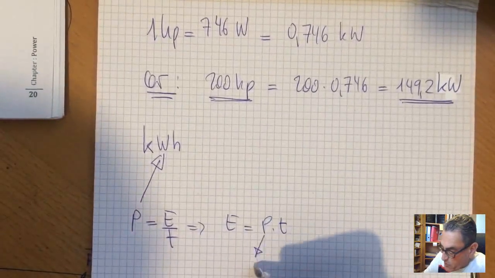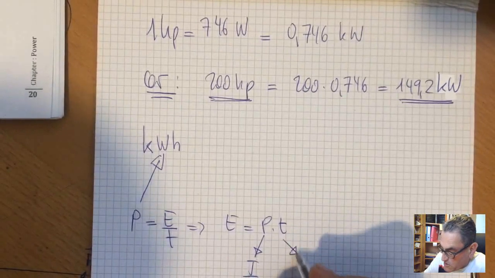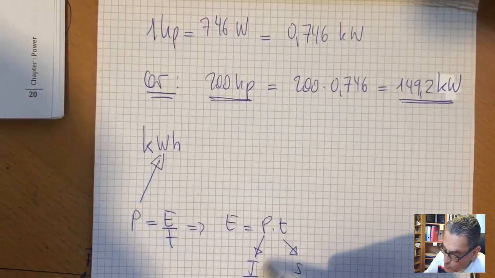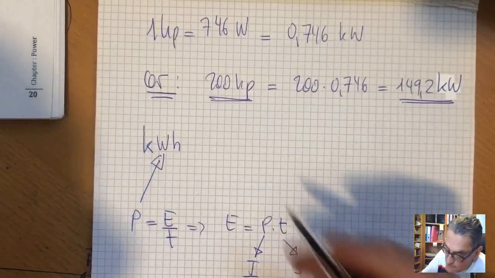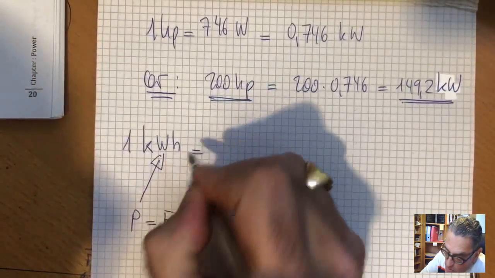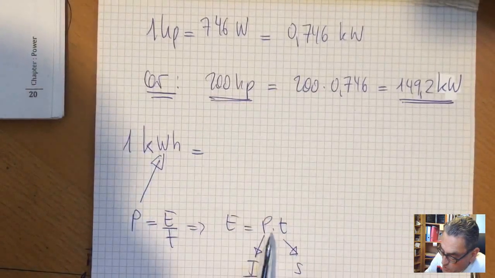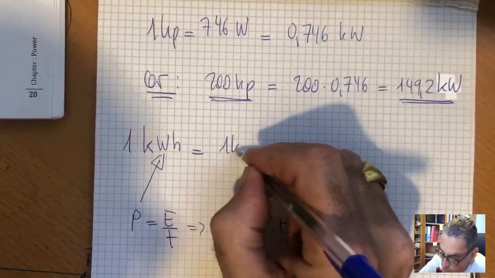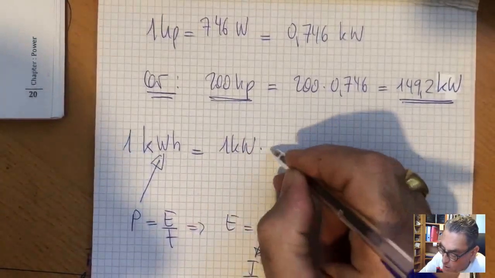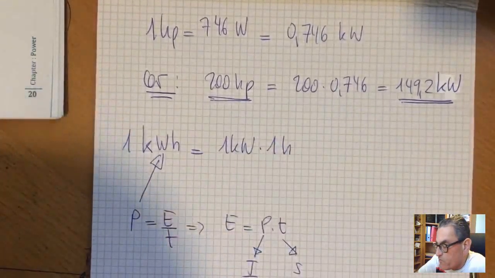Okay? The power is in joules per second, time is in seconds, so the result is in joules. It's an energy. Okay? And so 1 kilowatt hour corresponds to this multiplication. It's a power of 1 kilowatt times a time of 1 hour.